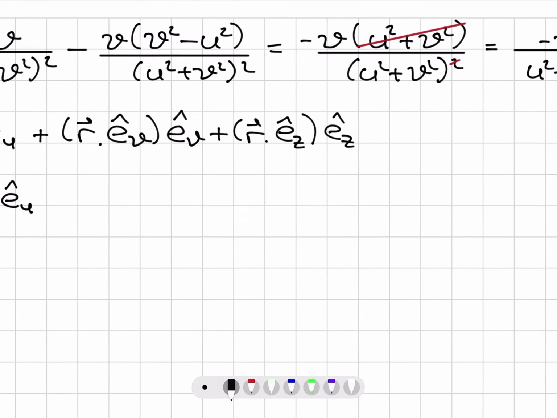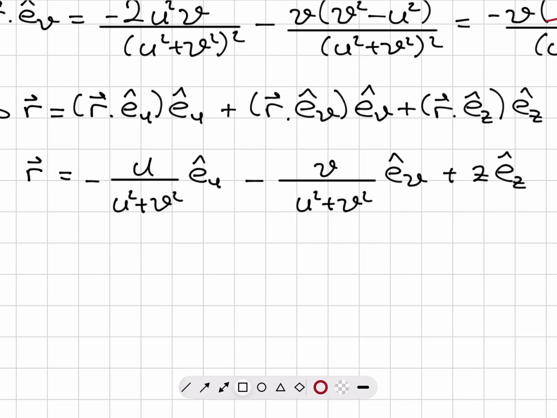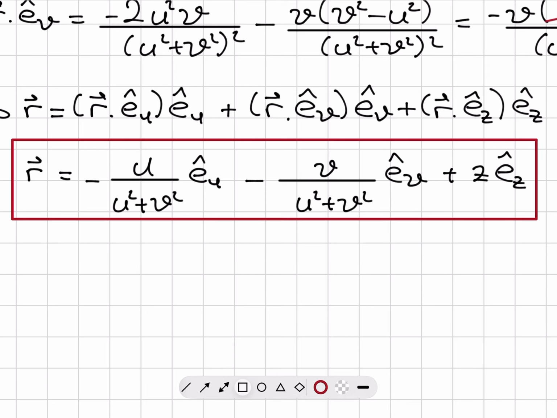And the other one is minus v, so minus v over u square plus v square in EV hat direction, and then I have z in EZ hat direction. That didn't change. So this is my answer for the position vector written in the new coordinate system.